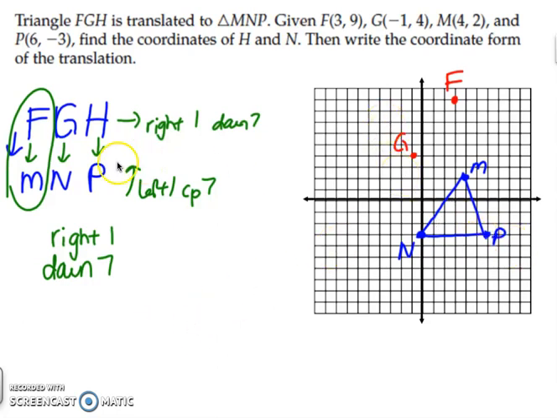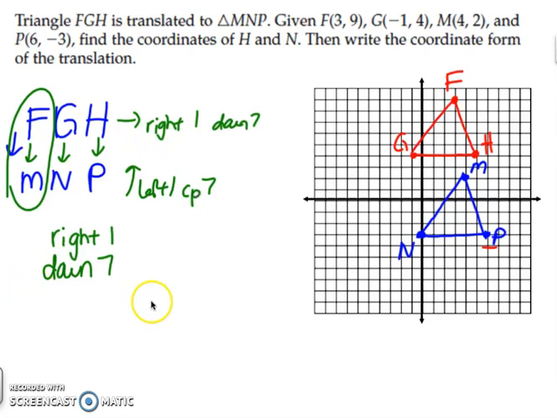And so I'm trying to see where P will give me point H. So again, if the rule was to go right 1, down 7, if I'm going backwards, I'm going to go left 1, up 7. So I'm going to start at P and go left 1, up 7. And that should be my new point H. Okay.